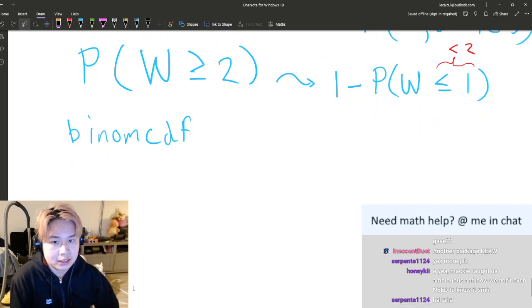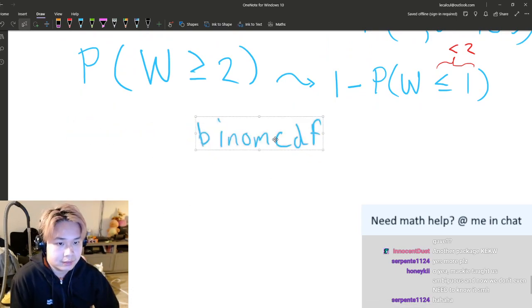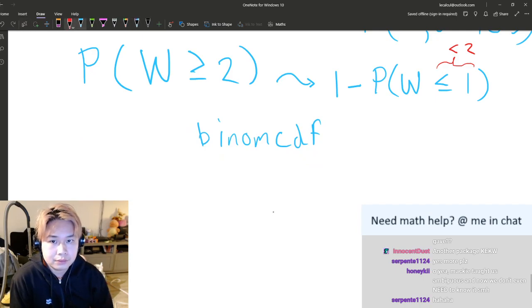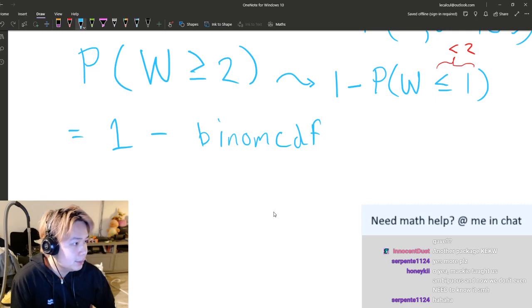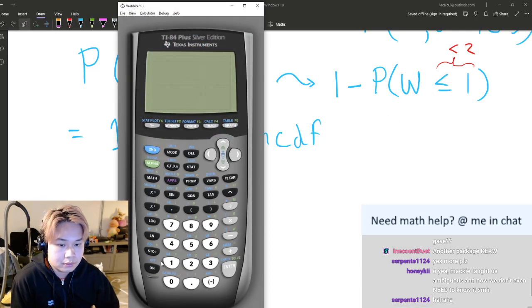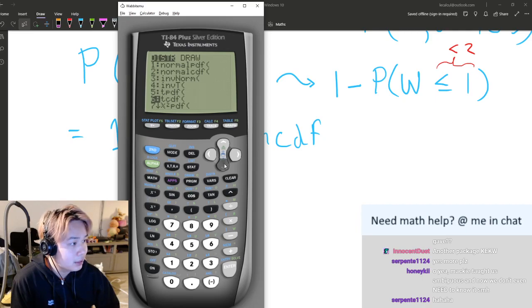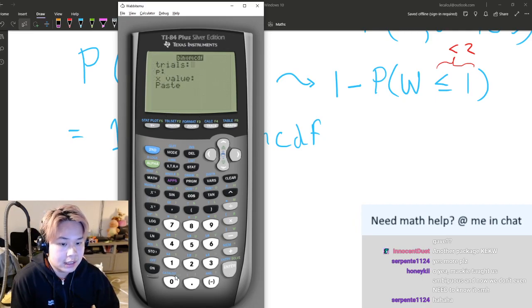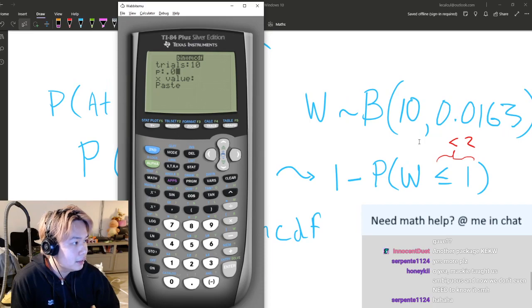So in other words, our answer is 1 subtract the binomial CDF for this. So 1 minus distribution, go all the way down, binomial CDF. We have 10 trials. The probability of each trial being slow is right here.